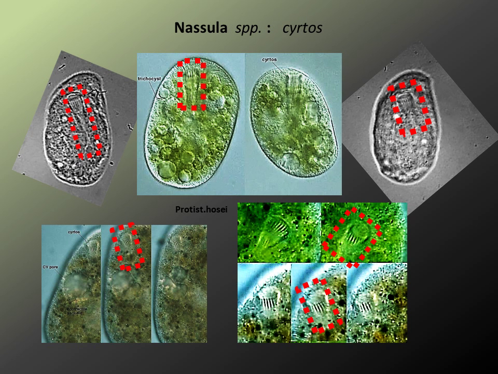There are many examples of photomicrographs and drawings which illustrate the structure of the cytopharyngeal basket to be found in the literature and on the internet.